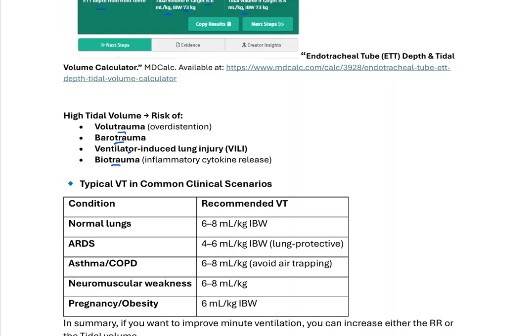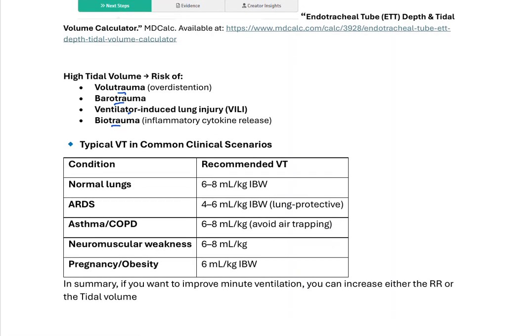And so based on the common clinical scenario, what are the typical tidal volumes? If you're intubating somebody who has normal lung mechanics, you can aim for 6 to 8 mL per kg of ideal body weight. If they have ARDS, like we said, we want to do lung protective ventilation, so between 4 to 6 mL per kg of ideal body weight.